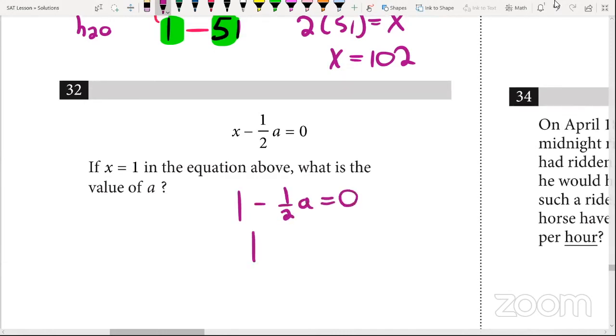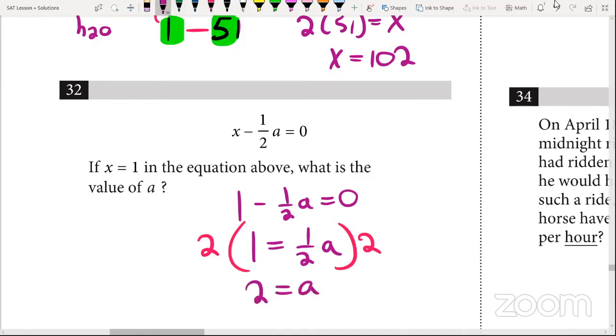Add 1/2 a to both sides. 1 equals 1/2 a. Now we can multiply by 2 to get rid of the denominator of the 1/2. And now we have 2 equals a, because the 2's canceled here. And the answer to number 32 is just 2. It just seems too easy.